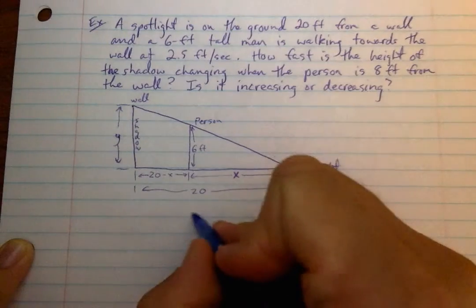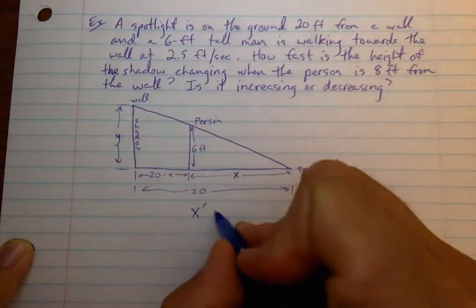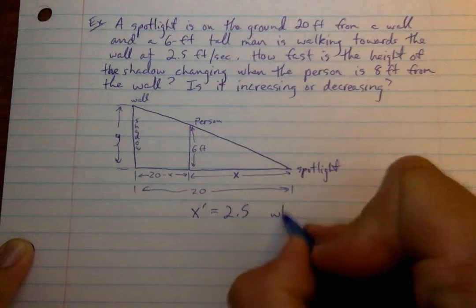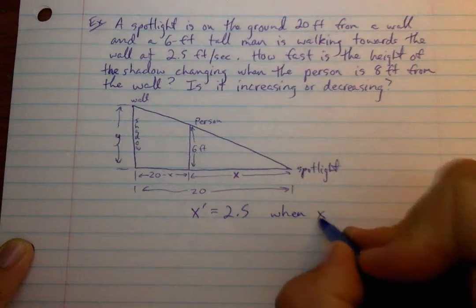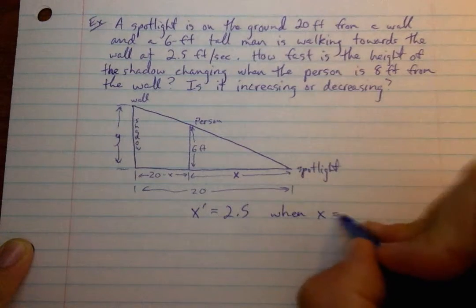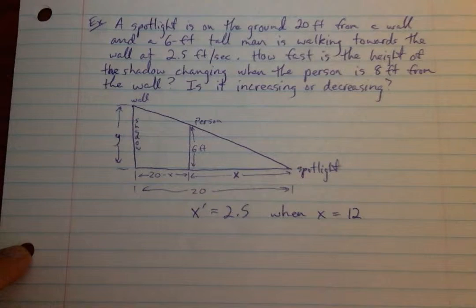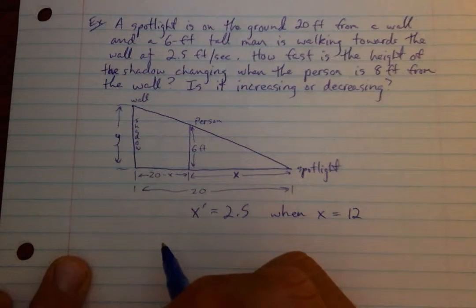So we know that x prime is 2.5 when the distance from the spotlight is 12. Okay. Now let's look at this.